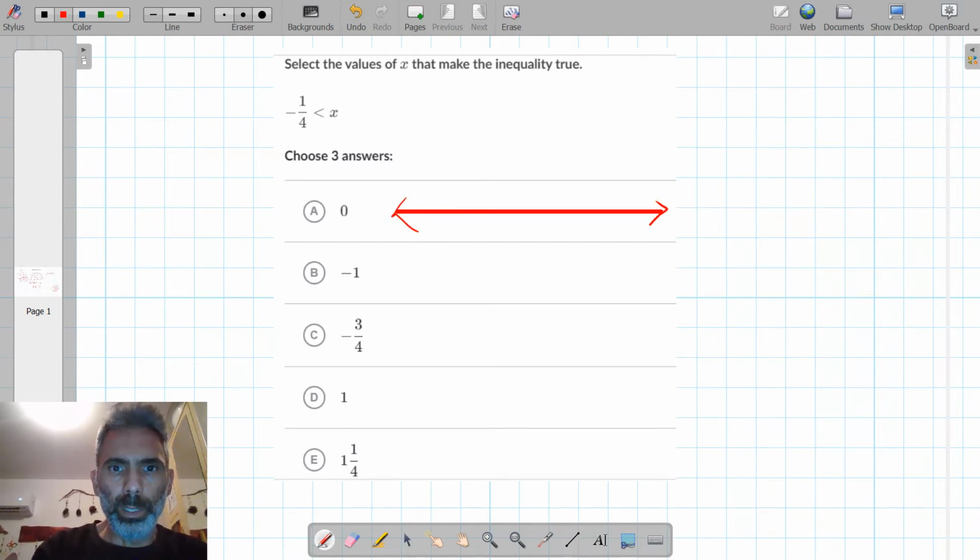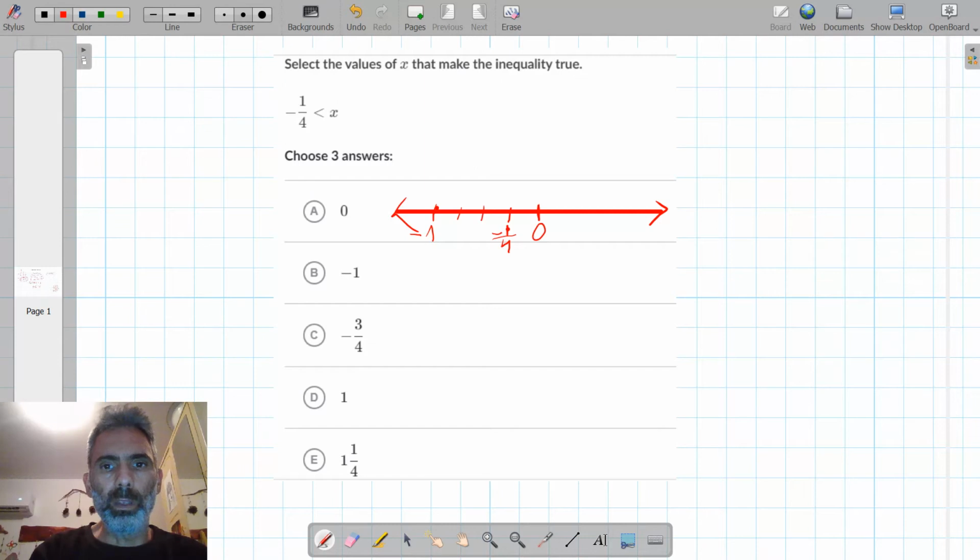So this is the number line. This is 0 and 1/4. Let's say that we have 1, 2, 3, 4. So this is minus 1 and this is minus 1/4.